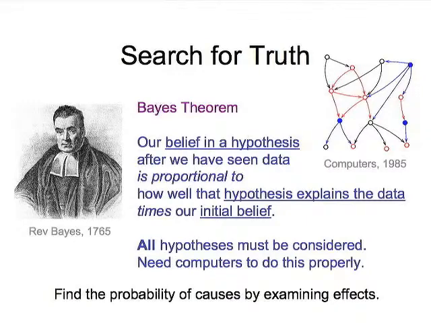Now, what's interesting is what happens when you're not looking at just a pair of hypotheses, is one more likely than another, but you're looking at all possible hypotheses, which we can do in forensics, particularly in DNA. And here, the search for truth was probably initiated with the Reverend Thomas Bayes in 1765.